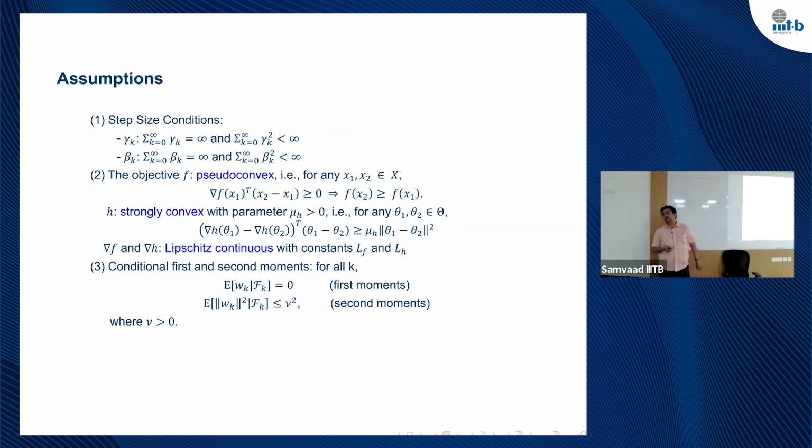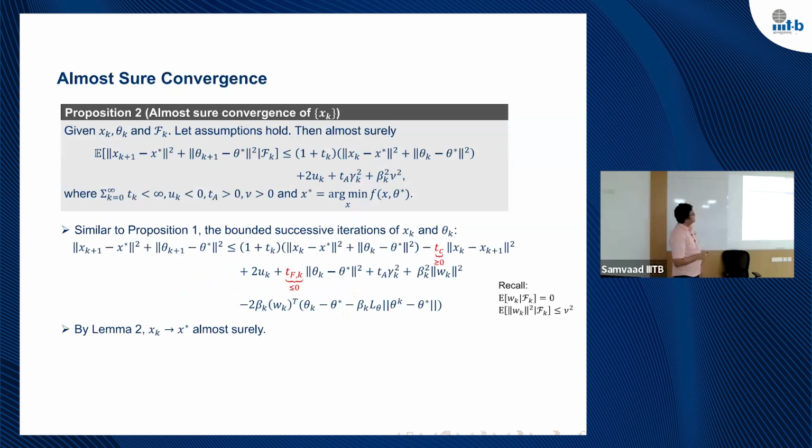Say you have lift versus drag, or you want to maximize the ratio of fuel economy and acceleration time. When it comes to ratios, they happen to be pseudo-convex. Under pseudo-convex cases, with some assumptions on step sizes and Lipschitz continuity, you're able to prove that the sequence converges to optimality. So it's a very simple stochastic approximation scheme applied to pseudo-convex problems in the case of joint optimization and learning.